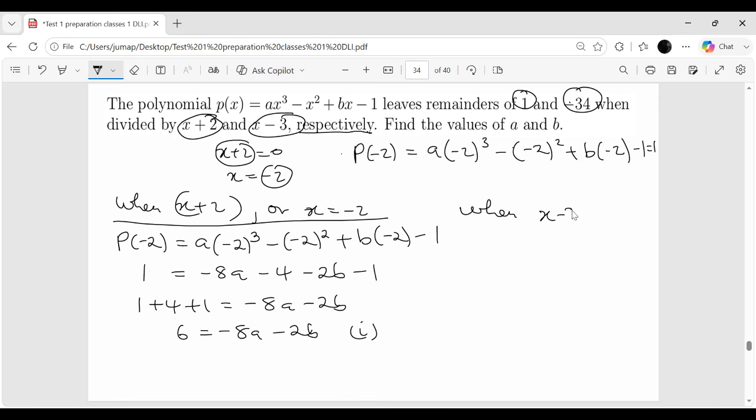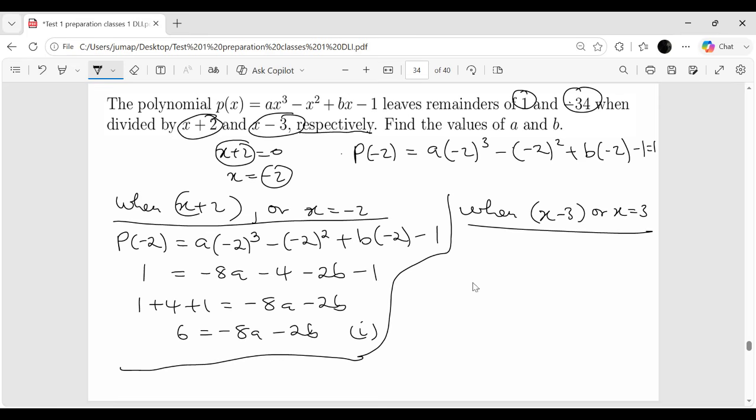Now let me go when it is x minus 3, or x is equal to 3. So in this case, when I plug in p of 3, it is supposed to be equal to a multiplied by 3 to the power 3, minus 3 squared, plus b times 3, then minus 1.